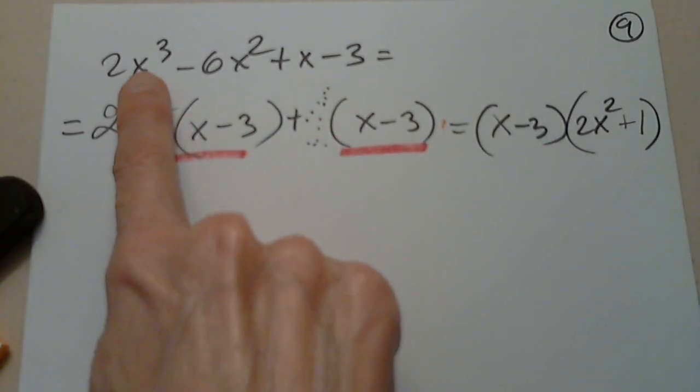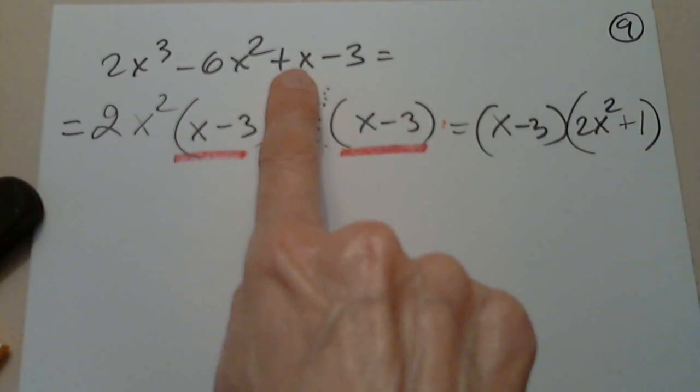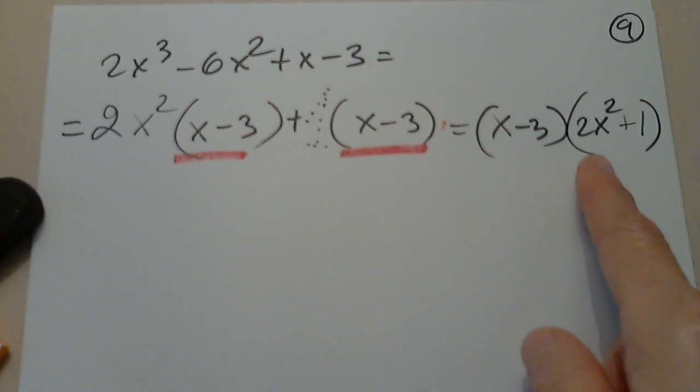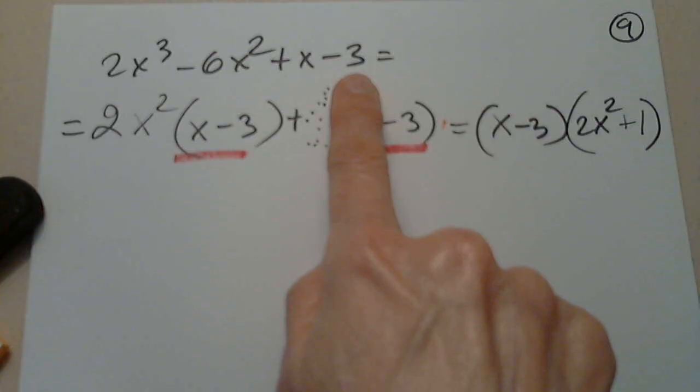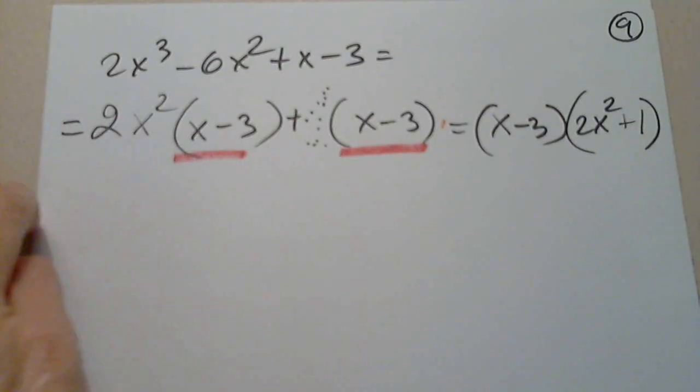X times 2x squared, x times 1, -3 times 2x squared, -3 times 1. Is this clear? Is that a yes? Is that a no? Maybe? Yes. Okay, so now we have a few minutes left.